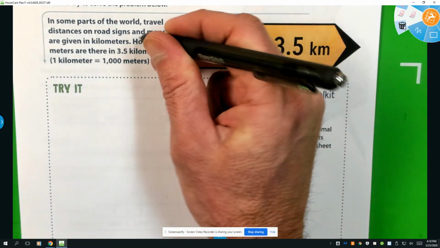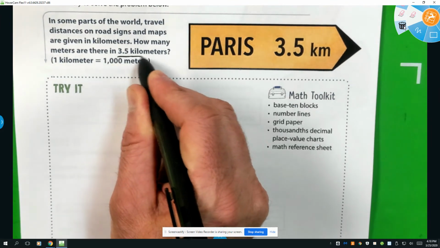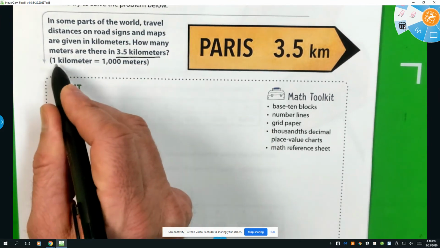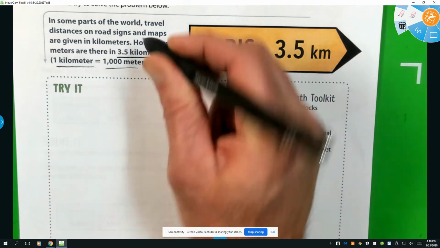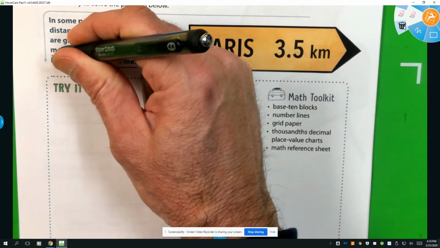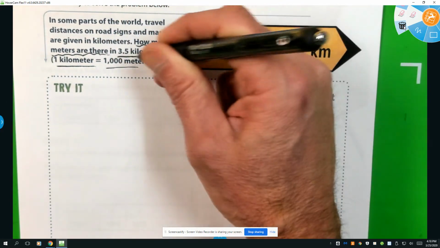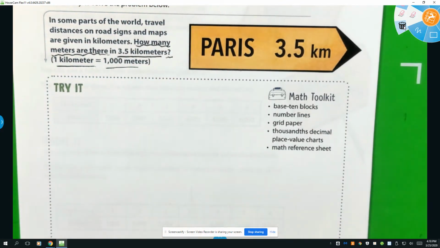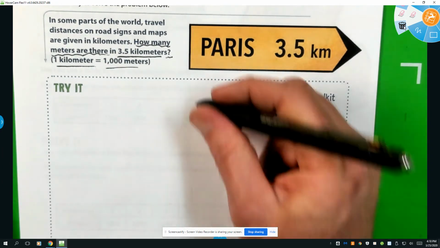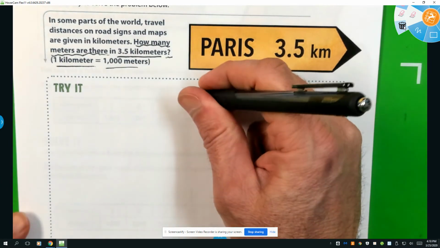How many meters are there in 3.5 kilometers? Okay, here's some important information, but that's also a squiggly for us because we know we are trying to solve that. So in the whole grand scheme of this problem, we have to solve how many meters there are. Well, let's just start it out. They started us giving us a conversion, which was really nice of them.